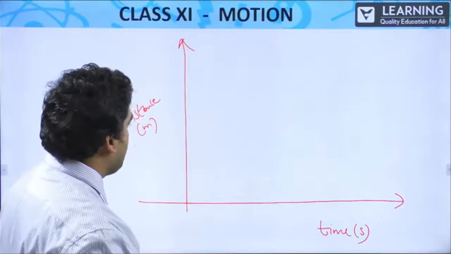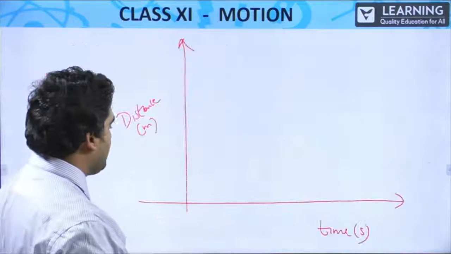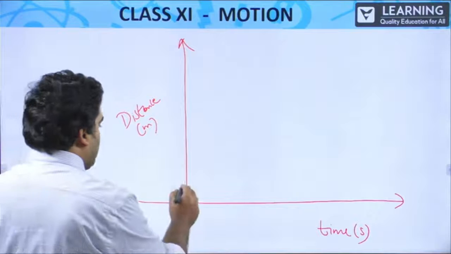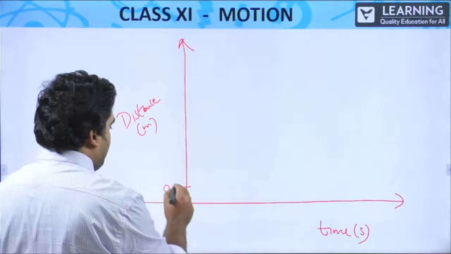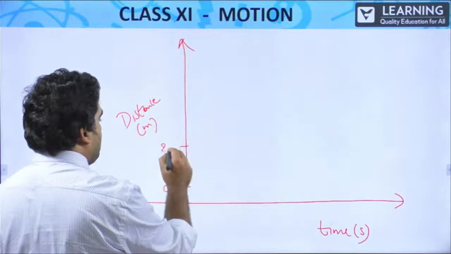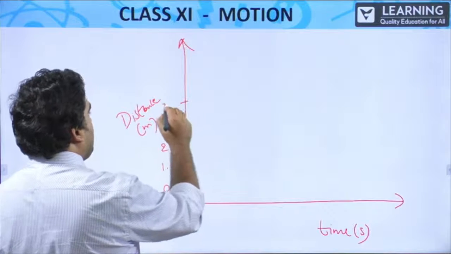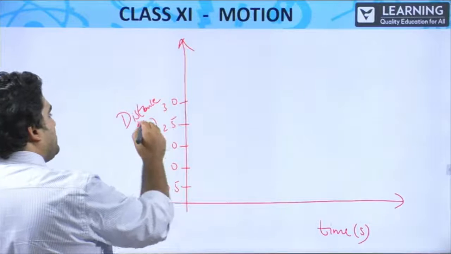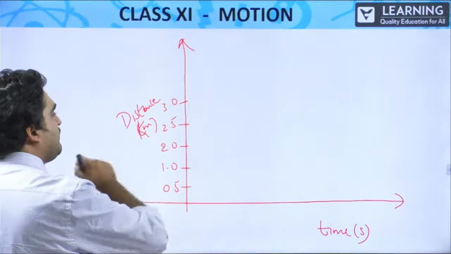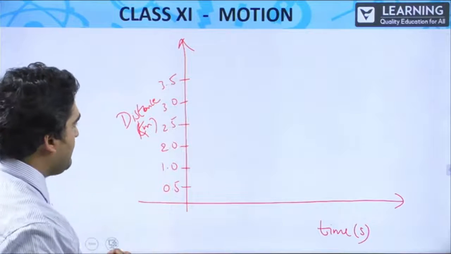Okay, quick look: 2.5 kilometer, yes. So you can start with 0.5, 1, 2, 2.5, 3, 3.5. Here you mention kilometer, not just meter.